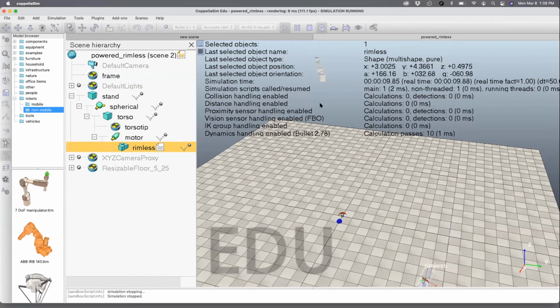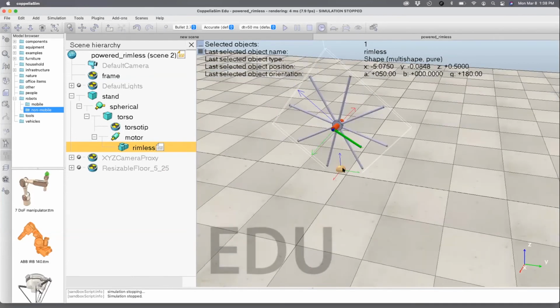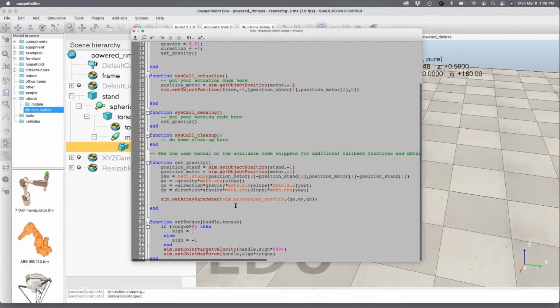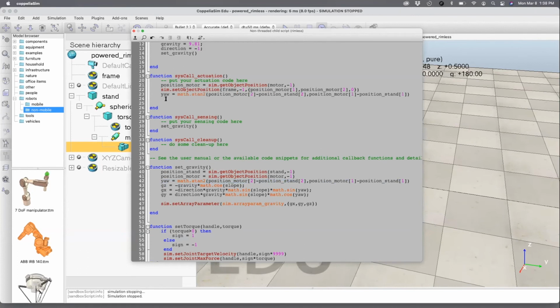rimless wheel. Now I also want to play with the orientation. I always want the orientation to be along the yaw angle. So I need to get that yaw angle again. Now I'm just writing this all over again, but you can write the code more efficiently so that you don't compute the yaw angle twice.